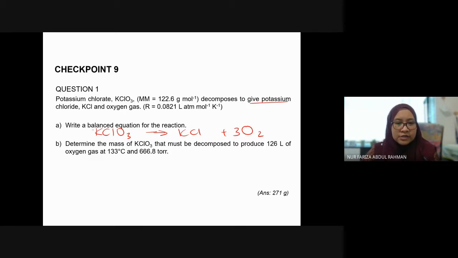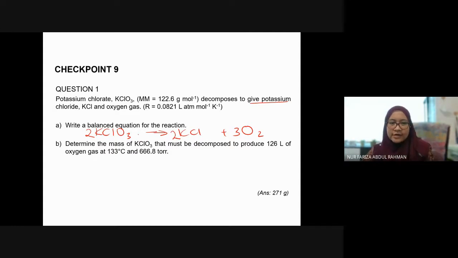Here we need to add 2 there. So oxygen is now balanced. Potassium, however, and Cl is not yet balanced. So that's why we need to add 2 there. And then always check your balance equation whether it is balanced or not, for the final step.